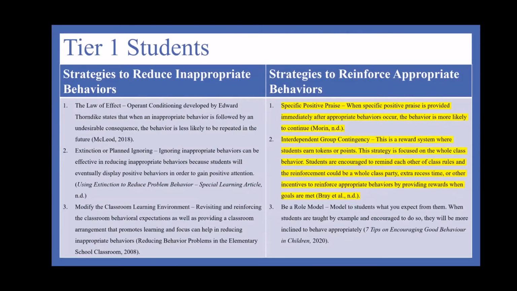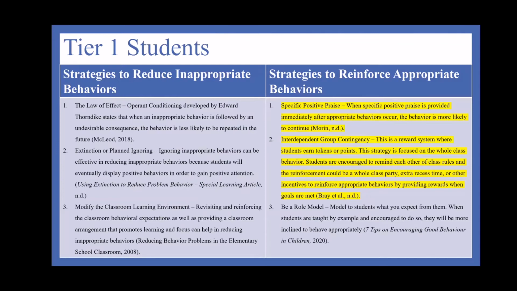The strategies I found to be effective to reduce inappropriate behaviors in Tier 1 students include using the law of effect or operant conditioning, which was developed by Edward Thorndike, that states that when an inappropriate behavior is followed by an undesirable consequence, the behavior is less likely to be repeated in the future.